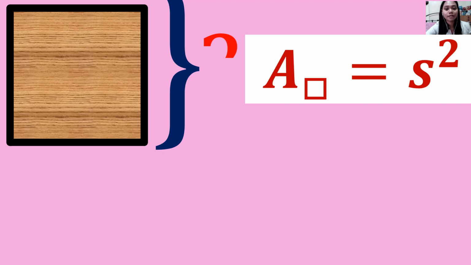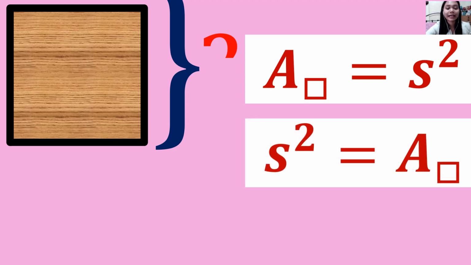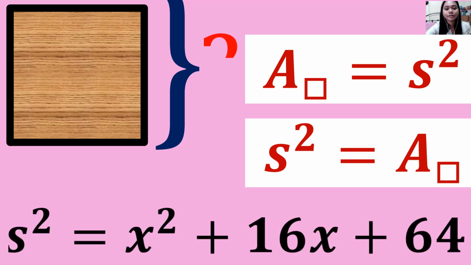So, gagamit tayo ng formula ng area ng square, which is side squared. At given kanina ang area ng square na to. So, ang area ng plywood natin ay x squared plus 16x plus 64. Ito ay naka-square meters.